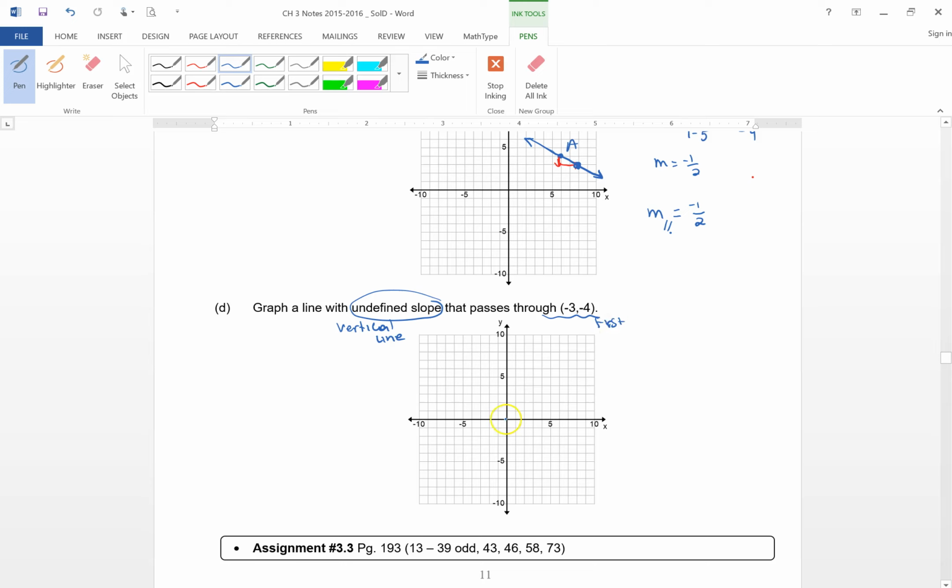Okay? -3, -4 is where my point goes. 1, 2, 3, 4 here. This is the first point. And now I need a vertical line that passes through it. So there. Okay?